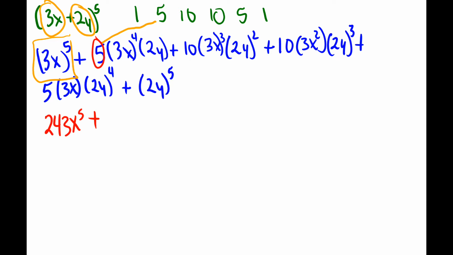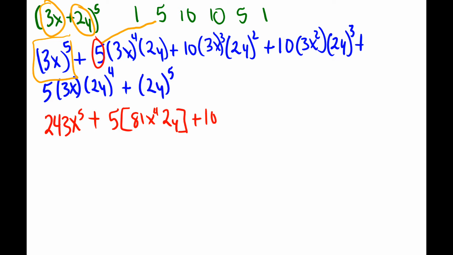I'm going to do it like this. So I've got 5 times, 3 raised to the 4th power is 81, x to the 4th, and 2y to the 1st power is just 2y.